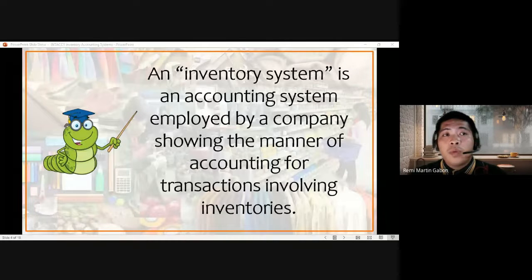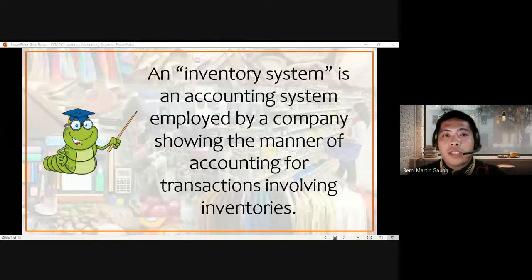Rather, we use the specific account titles. But for inventories, it depends on the inventory system employed. We could use special journals or we could use the inventory account itself. But again, inventory is the only asset that may use a purchase account.